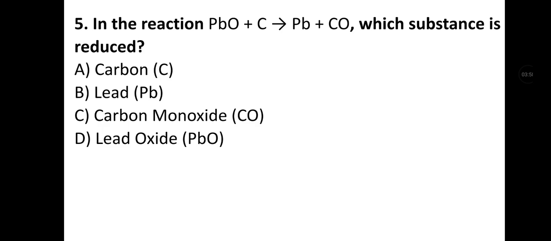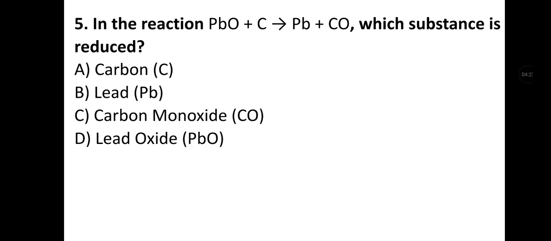Question number 5 in chemistry. In the reaction, lead oxide reacts with carbon, producing lead plus carbon monoxide, CO. Which substance is reduced? Of course, the answer is lead oxide is reduced.